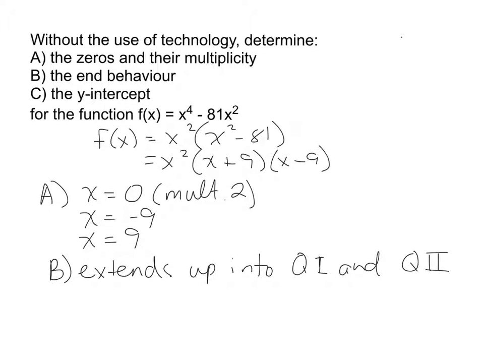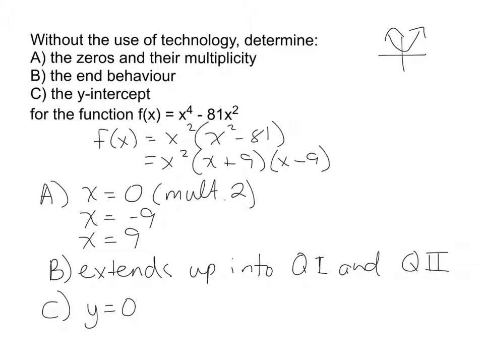Think of this as being similar to this function, which is y equals x squared, if it actually reached the bottom, because it's positive and even. And then the y-intercept, what's the y-intercept? 0.